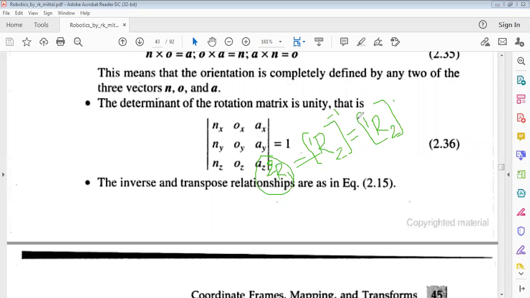And the inverse of this matrix is also equal to the transpose of this matrix, 1R2 transpose, because the determinant is always 1. The product of the R matrix by its transpose matrix is always equal to the identity matrix. So these are the inverse and transpose relations we have discussed in the equation.